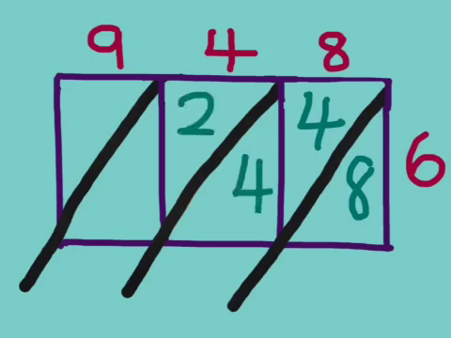And of course, you have to split it up again because of the diagonal lines. Lastly, we will do 9 times 6 because they connect through this. 9 times 6 is 54. And we have to split it up again.